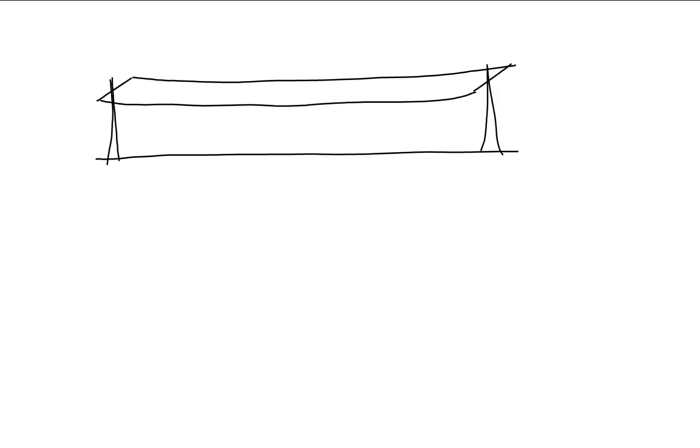So this wire has a length of L, and that length is given as 400 meters. Now this wire is carrying a current to the east, so let's go ahead and establish our coordinate system.